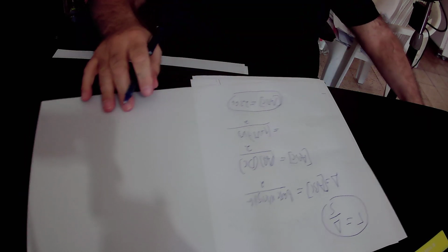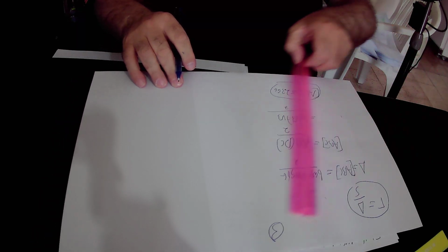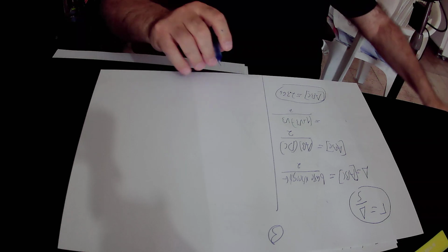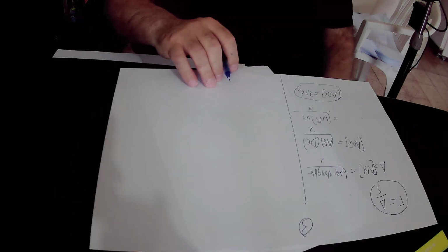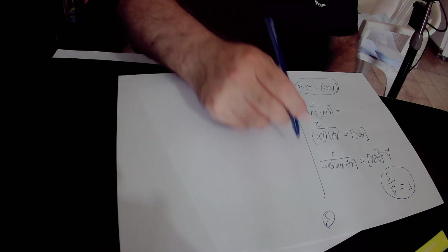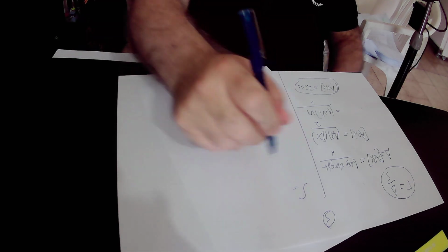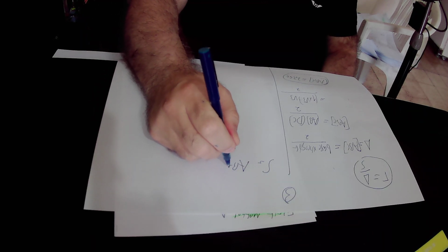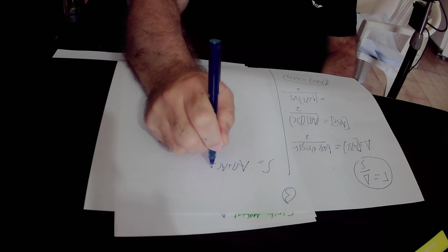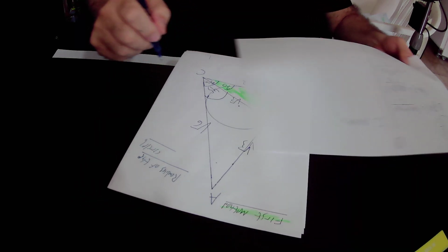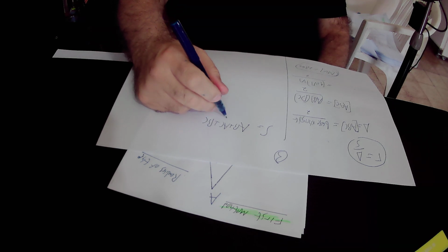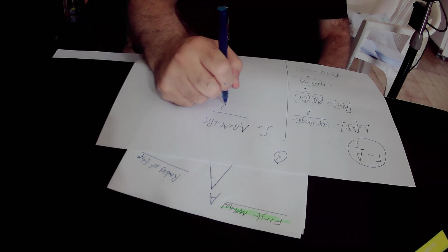In the next step we find out the semi-perimeter of triangle ABC, which is equal to the perimeter over 2. So the semi-perimeter of triangle ABC equals the perimeter, that is AB plus AC plus BC, and if we divide the perimeter by 2 we get the semi-perimeter.